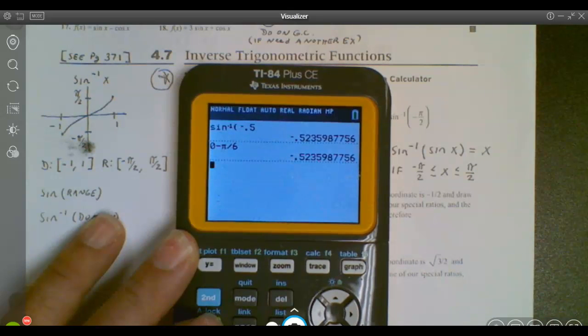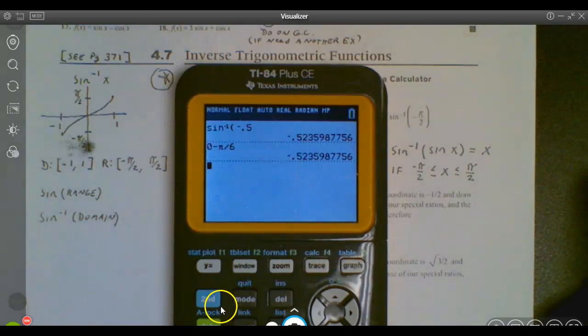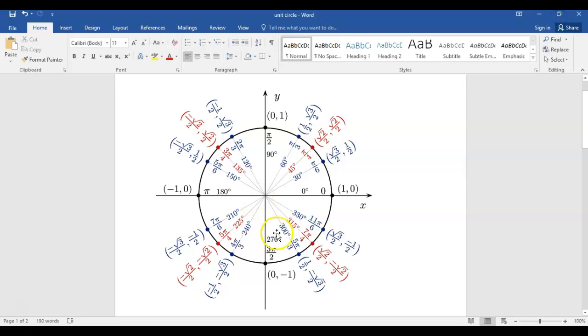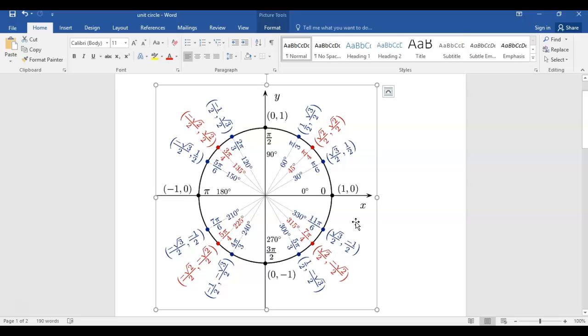So remember, the calculator works from 0 towards positive pi over 2, and it works from 0 towards negative pi over 2. It doesn't go around this way and give you this answer. It works from here up or from here down to get those answers. That's how our calculator works.